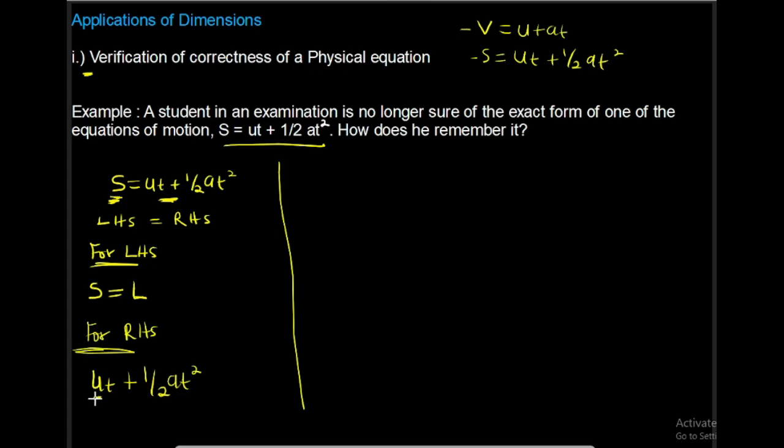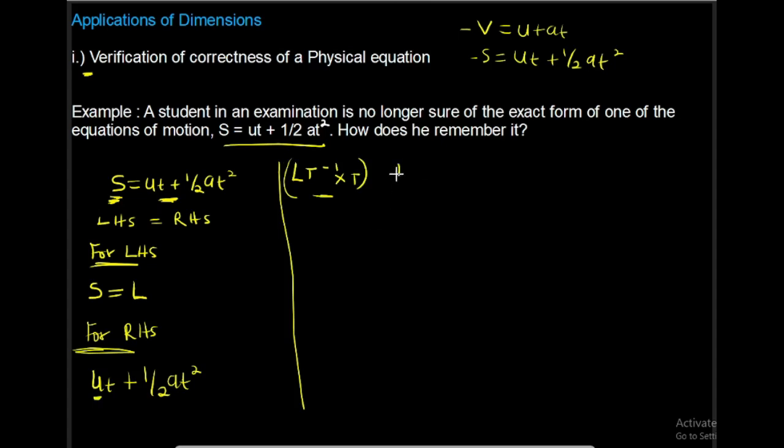Now u here is velocity, and velocity is LT^-1. That's the dimension for velocity, LT^-1. And then t is time. The dimension for time is capital letter T, so we have times T. So this is ut.